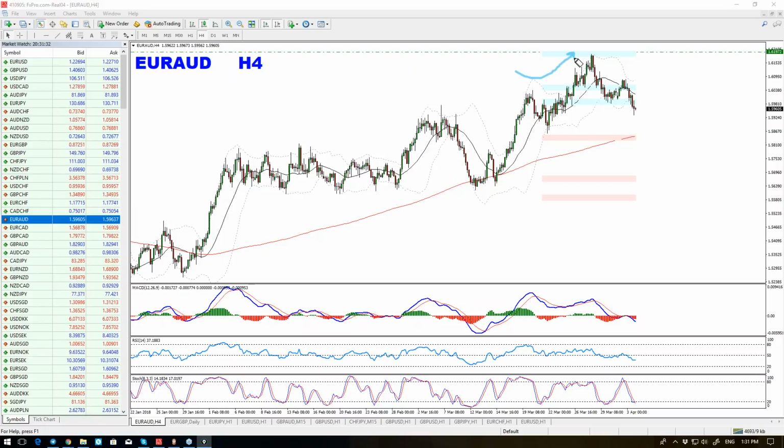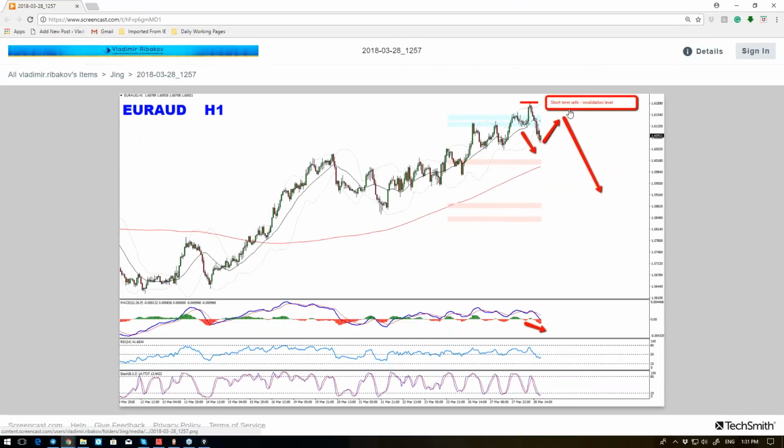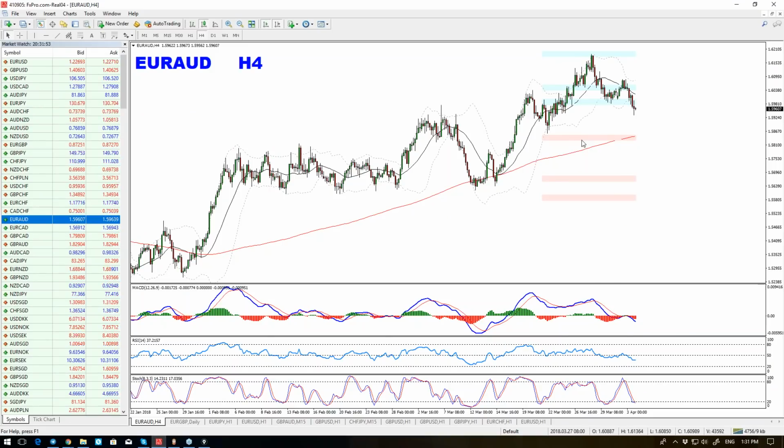We always say that Mr. Market is not Mr. Perfect. We got it right there, and this is exactly the moment where the Euro Aussie became bearish for us on the short term. This is what we were expecting to happen, basically, and this is what happens.